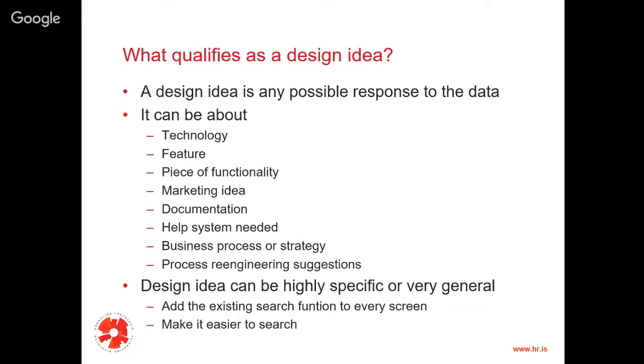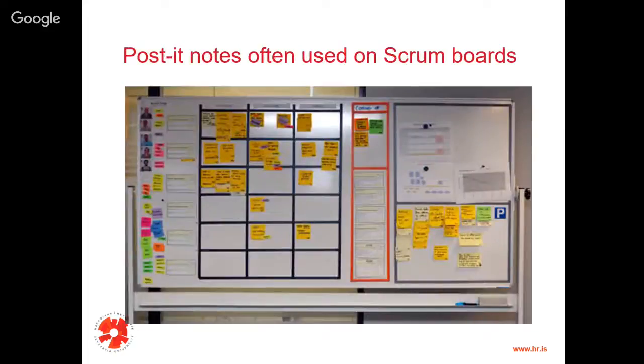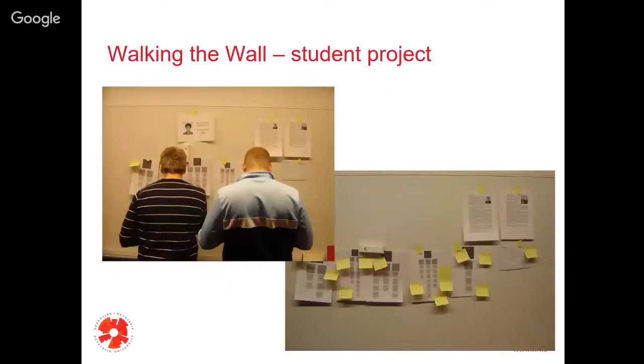Yes, right. So the thing is that you do this silently. Here are two students doing this, and you preferably get an outsider, not the team itself. You get some outsiders to do this also, and they read through it. And while they're reading, they think about how can we help them.